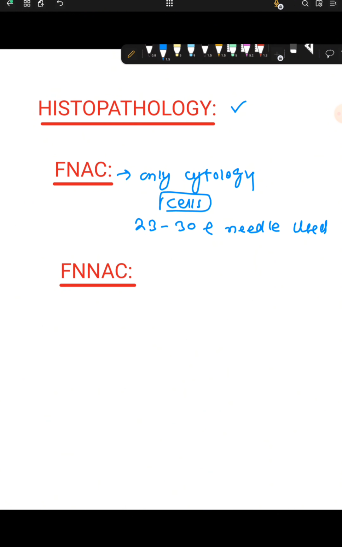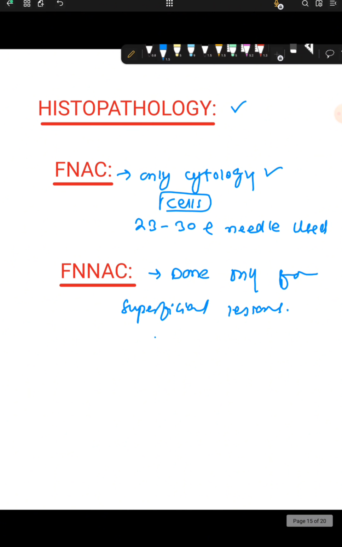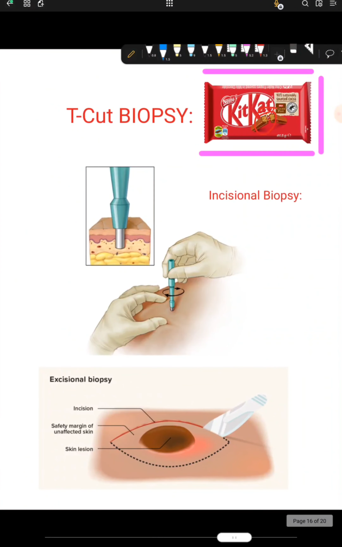Additional information, it is only cytology. And this is new, the fine needle non-aspiration cytology. It is done only for superficial lesions, which is used in breast as well as thyroid, right?